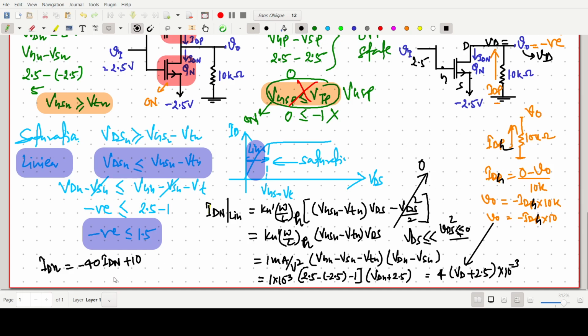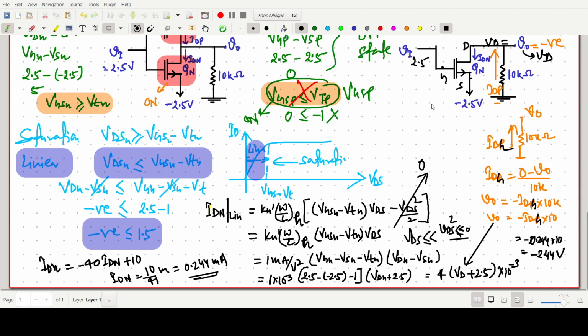So from there the IDn value will be 10 by 41, with milli, so it will come 0.244 milliampere. Now this IDn is known to us, so V naught, putting this in, will come minus 2.44 volt.